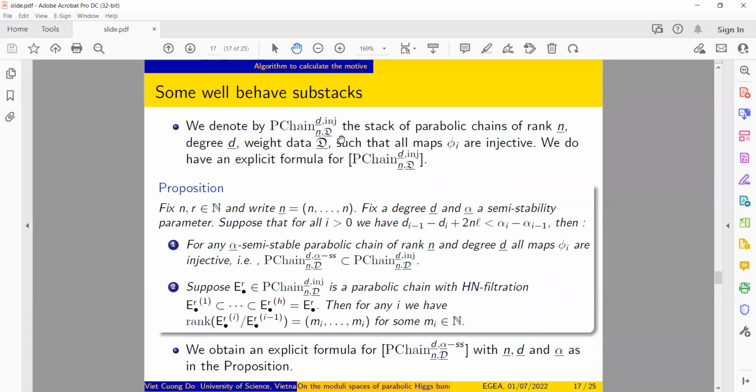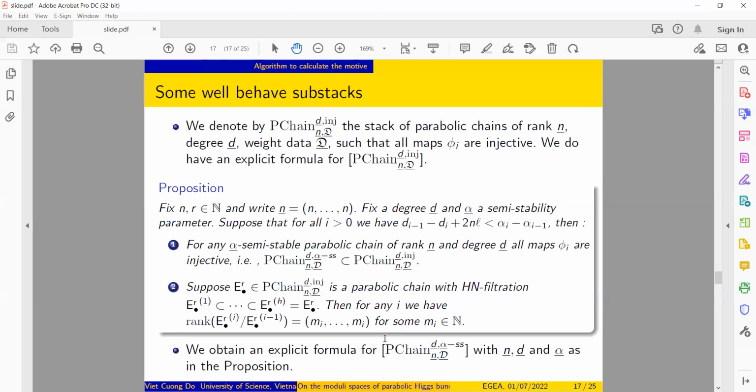I can call that the injective substack. When you take the substack like that, this Porrick chain with this condition has a Harder-Narasimhan filtration with a very good property: the subquotients in the Harder-Narasimhan filtration have the same rank.